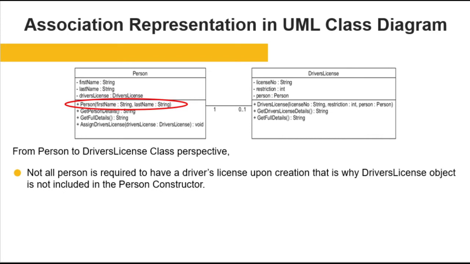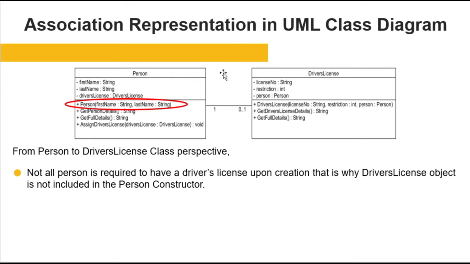In the person parameterized constructor, we only accept values for first name and last name, as you can see here. So why did we not include the driver's license as a parameter of the person class? The reason is, even though there is a driver's license class field defined in the person class, we did not include it because not every person is required to have a driver's license upon creation.